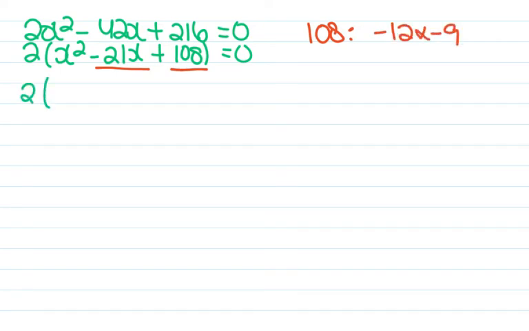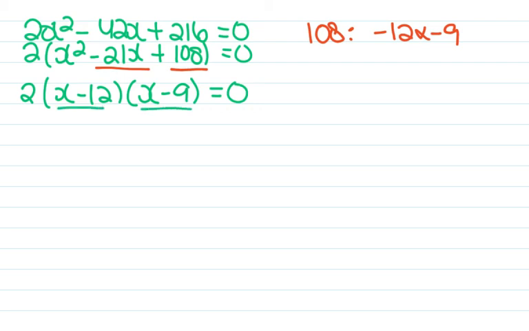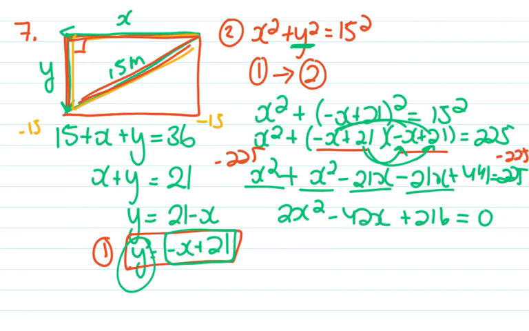So I have that 2 in front, then I have (x minus 12)(x minus 9) equals 0. So my two solutions for x, set those each equal to 0, x equals 12 or x equals 9. So on my diagram here, x could either be 12 or x could be 9.